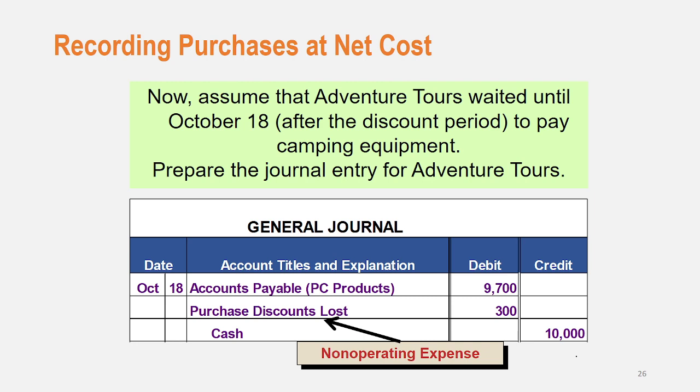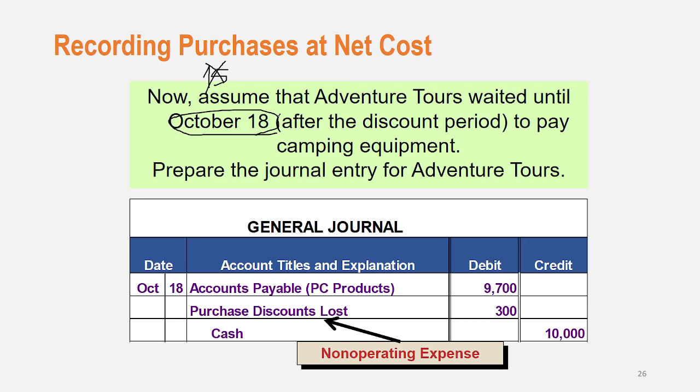Adventure Tours missed the discount period. Why? Because we are on October 18 and we have passed the 15 days mentioned in the credit terms. So we cannot use this discount because we are after the discount period.